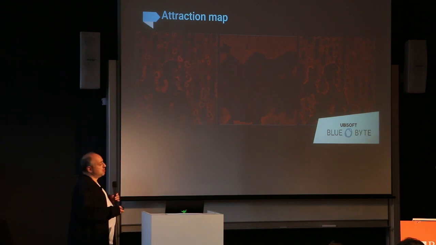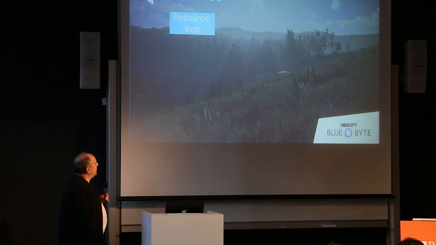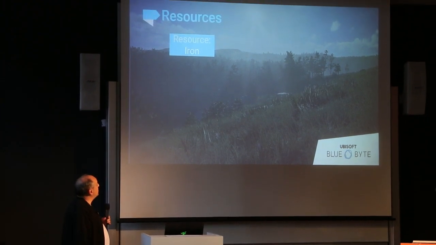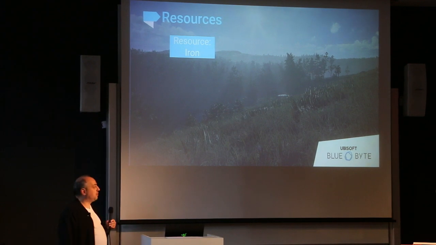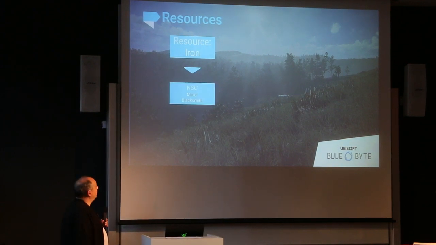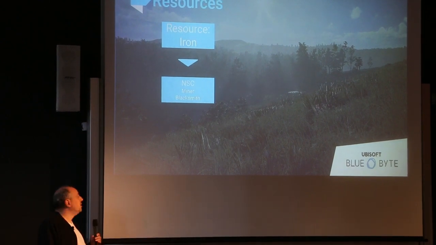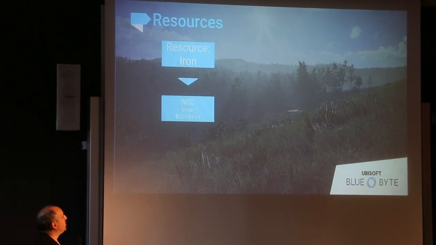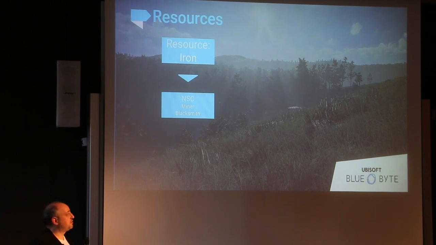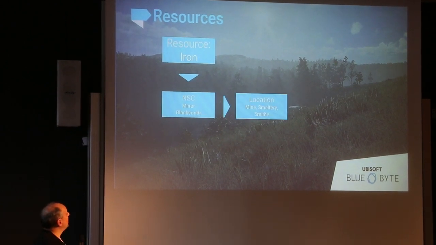Now, how does that actually work for further systems? Well, if we take any kind of resource, I will just take iron here as an example. So let's say we have the resource of iron, and that would be a resource that I can use to feed an NPC, let's say a miner or a blacksmith, that kind of type.